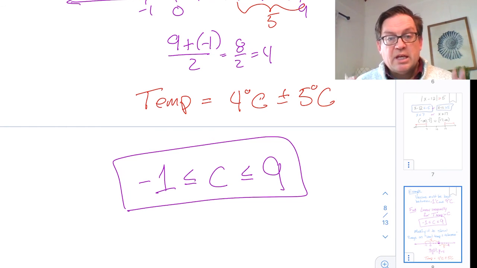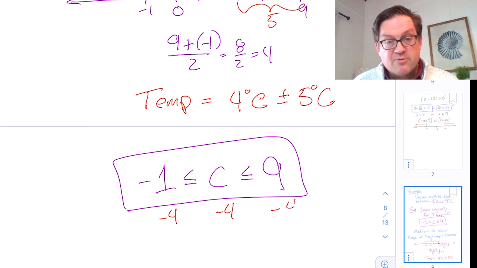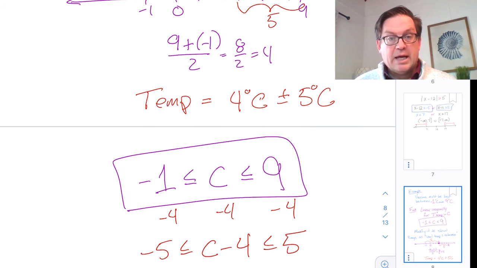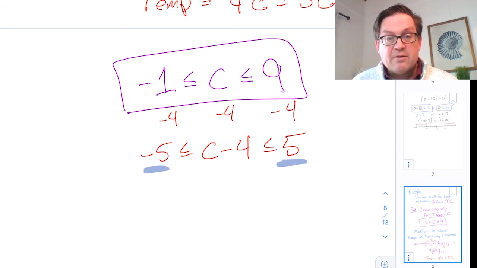If we think about the inequality -1 is less than or equal to C is less than or equal to 9 and use the midpoint, what if we subtract 4 from each part, because 4 is the midpoint? We get -5 is less than C minus 4 is less than 5. If you've chosen the correct midpoint, the 5 and the -5 will be negatives of each other.